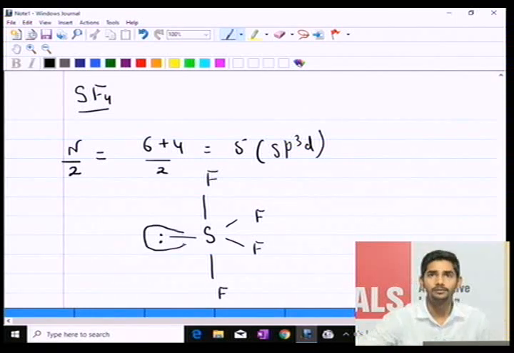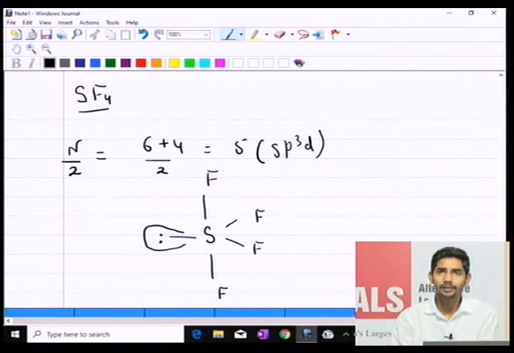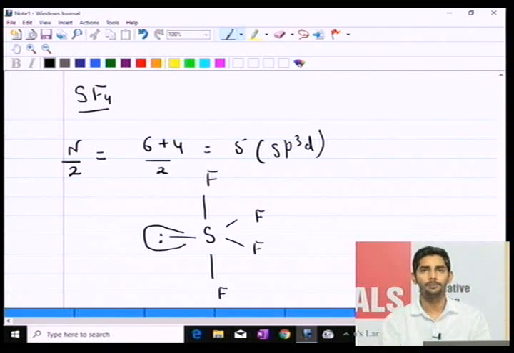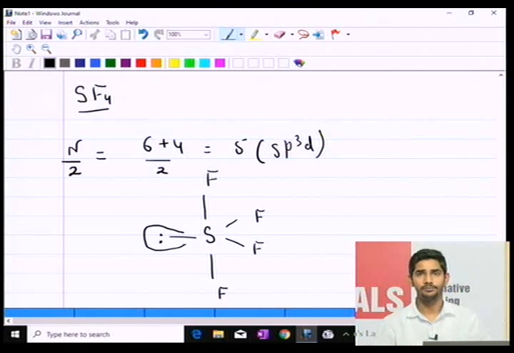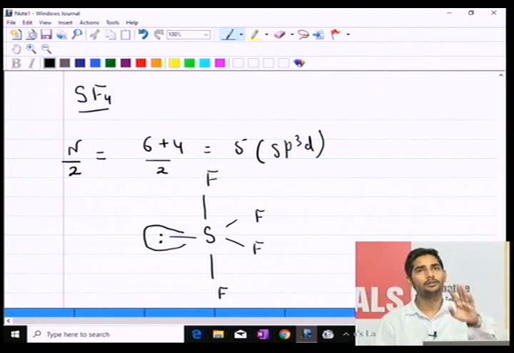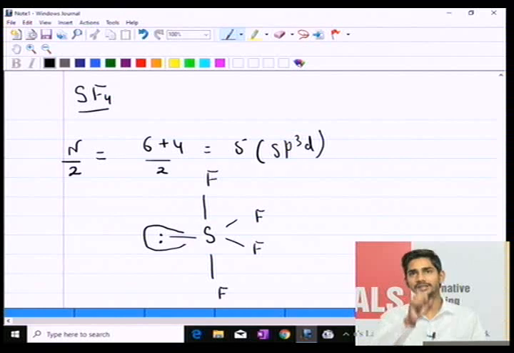And guys, one interesting thing: the standard shapes you have to learn, for example tetrahedral, trigonal bipyramidal, planar, or octahedral. Other than that, what can you do? If you want to learn the shape, guys, just hide the lone pair of electrons, and after hiding, look at the shape and tell me, does it look like a seesaw?